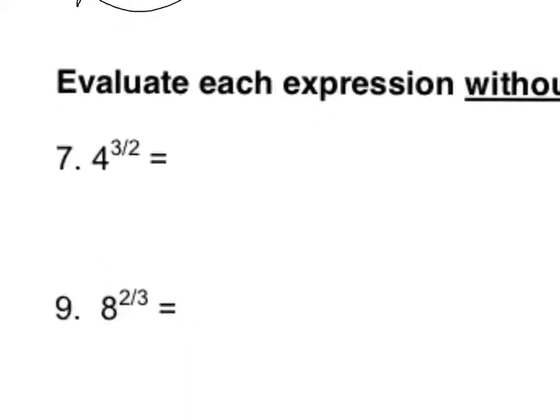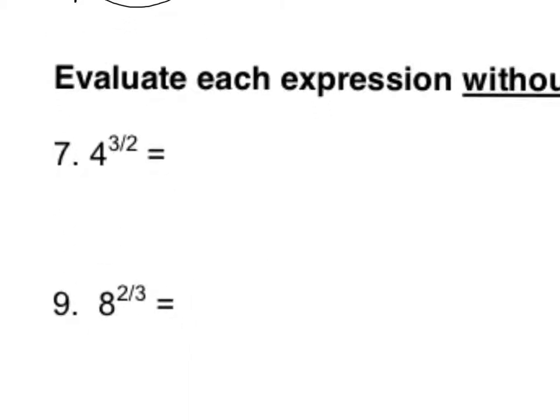And now for number 7, which is evaluating this expression. So you just work it out like the problems before. So it would be 2 would be your index with a radical 4 and your exponent of 3. And you can now break the radical down.